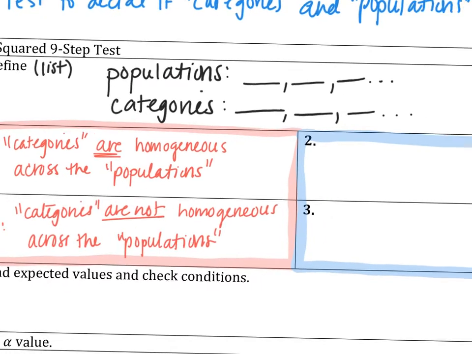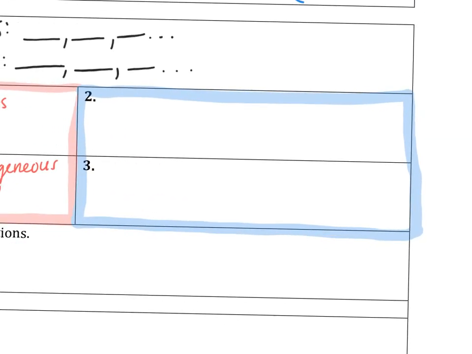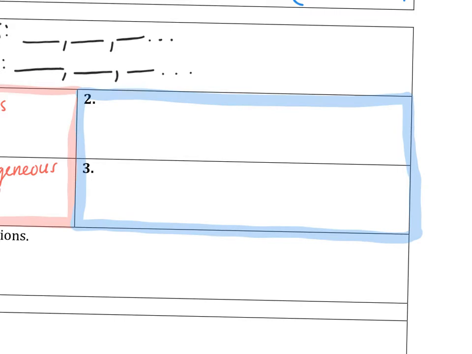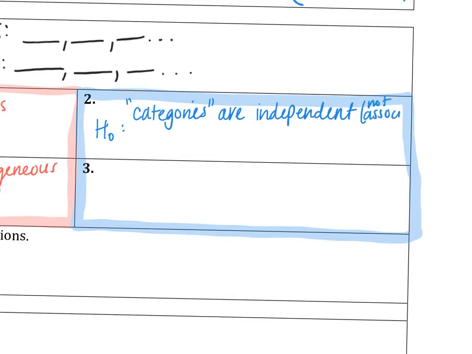Okay, and for our chi-squared test for independence, the null is that the categories are independent of the population. Remember, independent also means not associated, so you can write it that way if you would like.